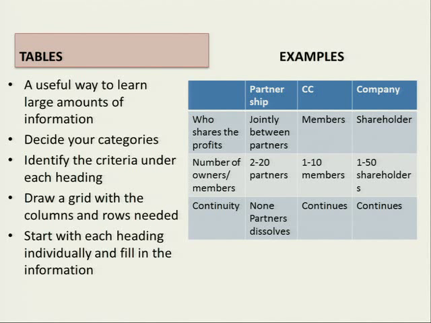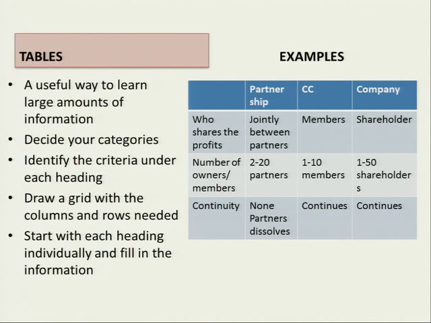Identify the criteria under each heading. The criteria in this example is who share the profits with regard to these different forms of ownerships, the number of members for each of these forms of ownerships, and continuity, whether there is continuity in the different forms of ownerships. Draw a grid with enough columns and rows needed.